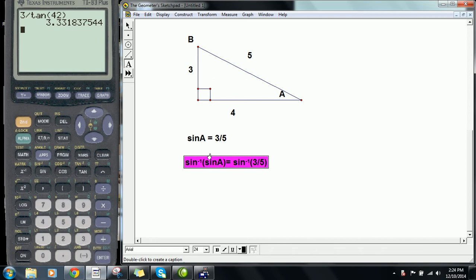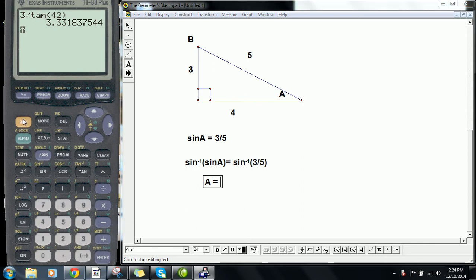Okay. Now, because sine and the inverse sine are inverses, what that does is it just gives me A on the left. And my calculator is going to tell me what the inverse sine of 3/5 is. It's the angle A whose sine value is 3/5. Right? So on my calculator, I'm going to press second sine, arc sine, inverse sine of 3/5.